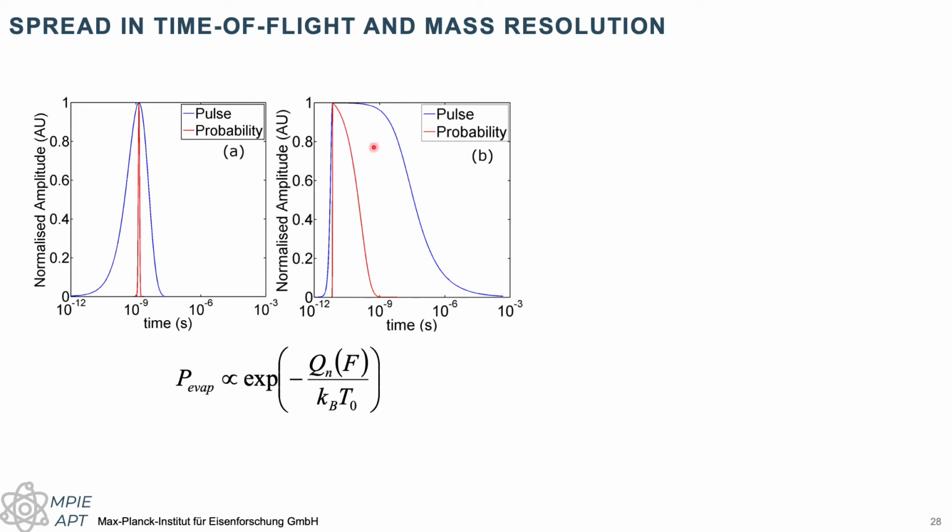If the pulse was much broader, then the probability for field evaporation would also be much broader. And that's typically what happens with laser pulses. You will start to warm up quite quickly, but then the decay of the temperature can take a lot longer, and this will depend on the specimen geometry.